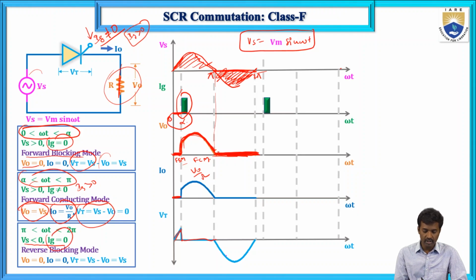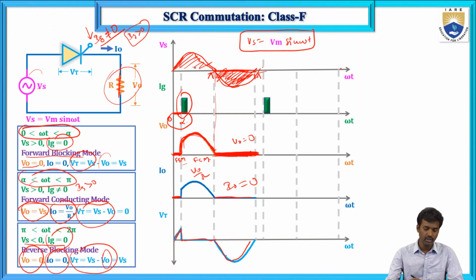In that case the SCR will be turned off, so V0 equals 0 and I0 equals 0. Vt equals Vs minus V0, and since V0 is 0, it follows the supply voltage, again reverse potential. This is the thyristor voltage.